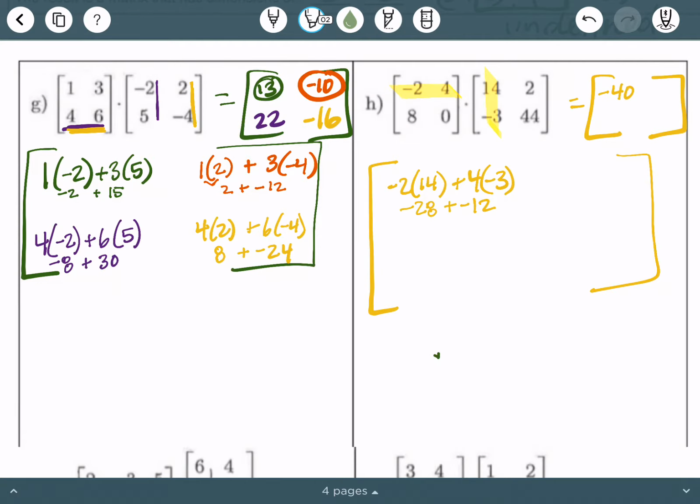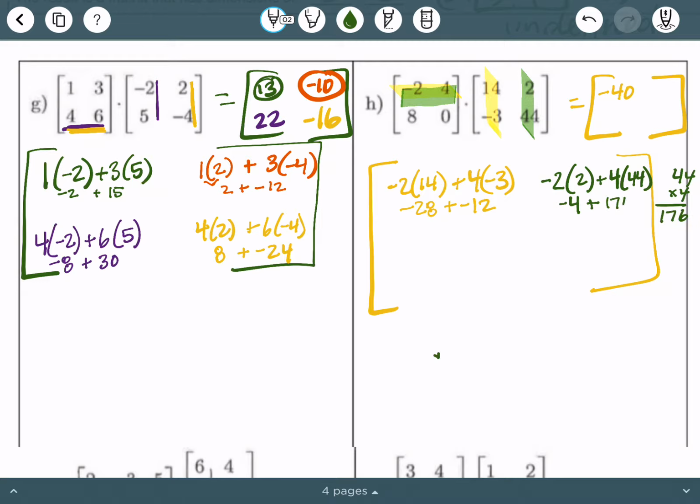Right, my green section here, I'm going to do my first row and my second column this time. So I have negative 2 times 2 plus 4 times 44. Right, so negative 2 times 2 and 4 times 44. So that gives me negative 4 plus, some quick math here, 44 times 4 would give me 176.